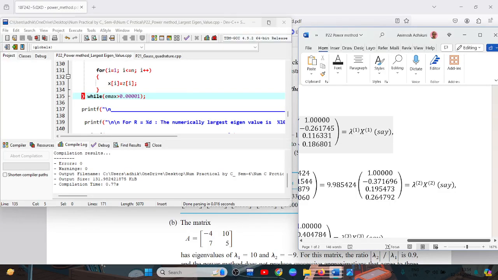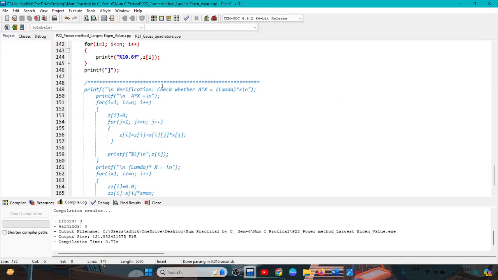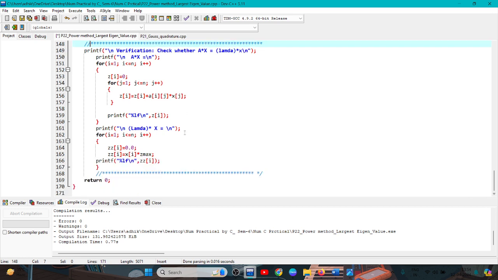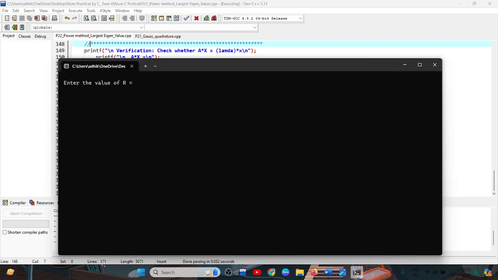Now we check the verification, whether Ax equals lambda x, whether this calculation is correct or not. This part must be deleted from the program for verification. Now we check with r equal to 0.